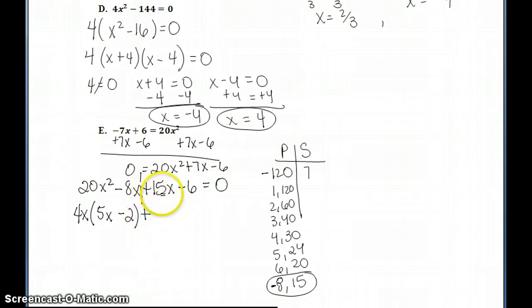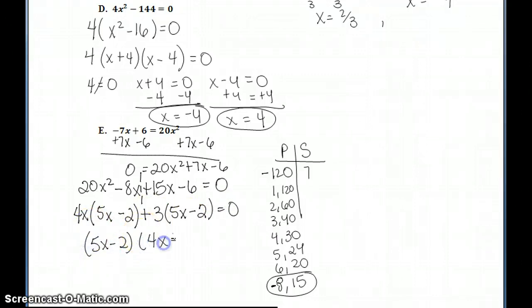And then between these, 15 and 6, 3 would come out. That's the one thing that they have in common. Now my parentheses are the same, so 5x minus 2 factors out, and 4x plus 3 is what's left.